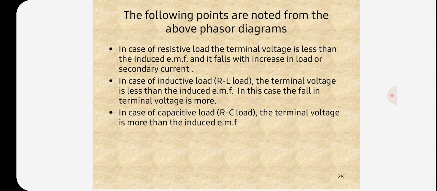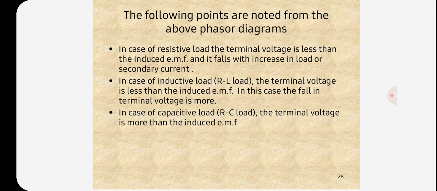So the impedance of one winding can be transferred to the other winding using transformation ratio K to make the calculations simple and easy.